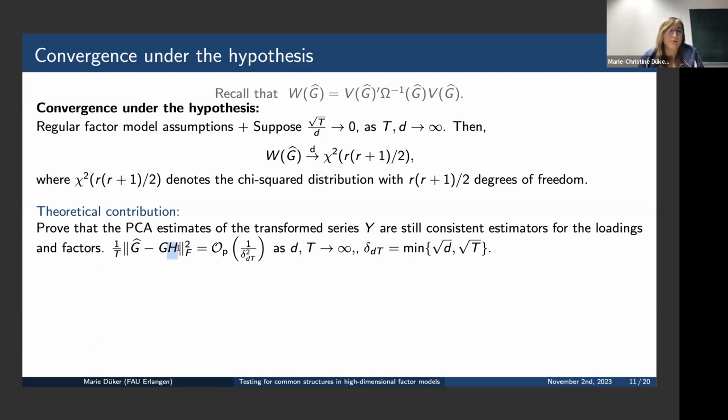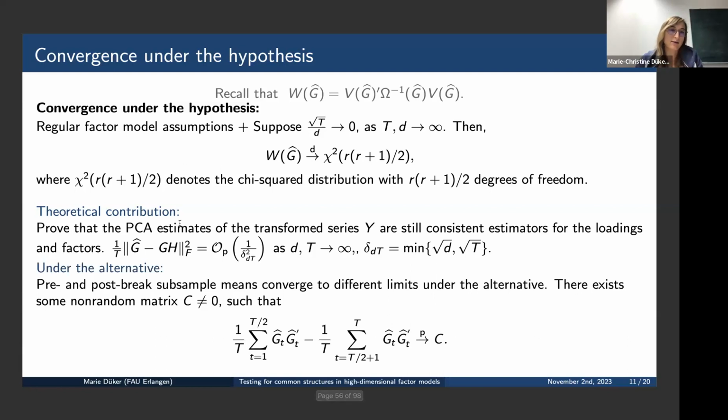And this is up to a transformation, of course, because those models are not identifiable. And here I wrote G, but what we actually estimate is the true factors of the underlying series, which we transformed, right? Because the transformation is supposed to not change anything about the factors or the loadings, at least under the hypothesis. This is the main part of the proof, and then we use similar techniques as in Han and Inouye. So this allows us to get convergence under the hypothesis.